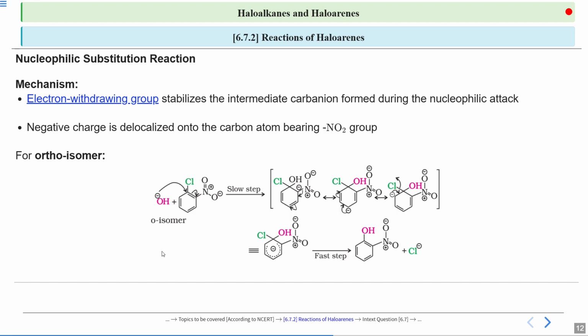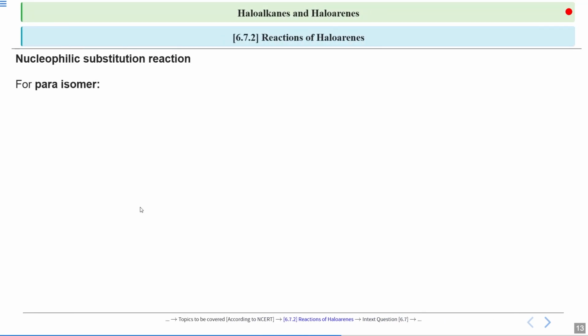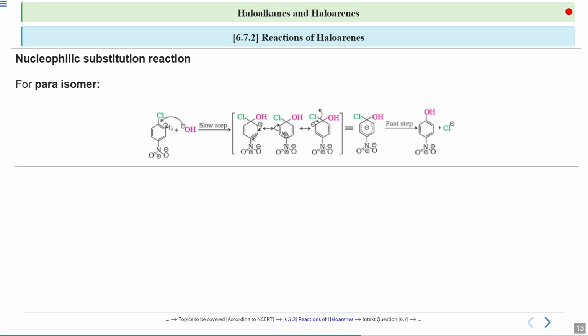Now for the para isomer, where the nitro group is present at the para position. So when the nitro group is present at the para position, then what will happen? The similar case will happen, that hydroxyl group, that is a nucleophile, attacks on this carbon, the double bond will break and the electron will be shared as a charge over this carbon, and you will get this structure.